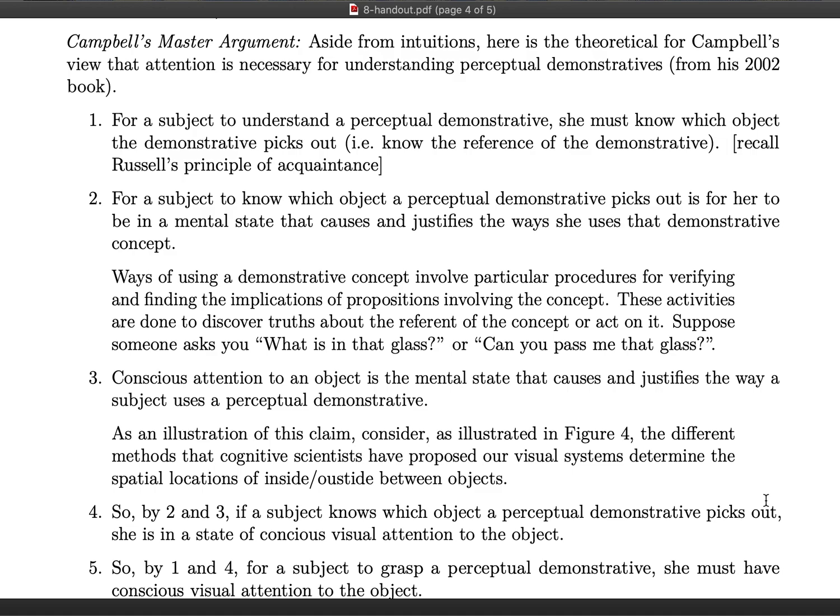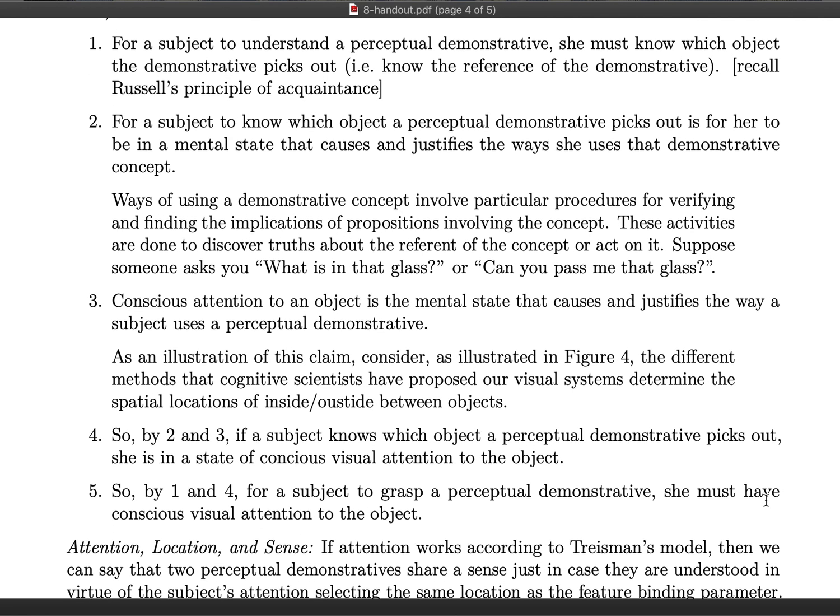Okay, so the first premise is as follows. For a subject to understand a perceptual demonstrative, she must know which object the demonstrative picks out. To motivate this principle, recall Russell's principle of acquaintance, which we saw in the readings in the second lecture.